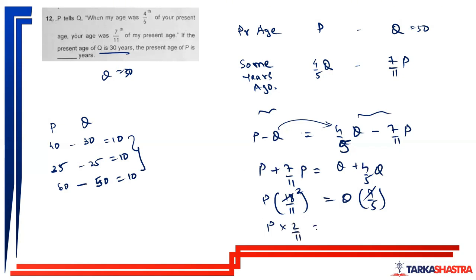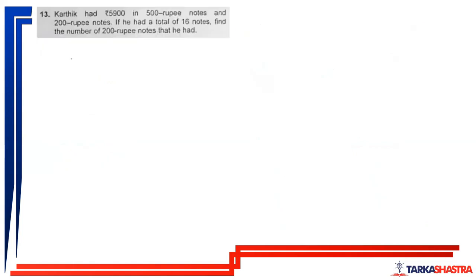Q is given to us as 30 into 1 by 5. 5 sixes are 30, 2 threes are 6. So P is how much? 33. 11 into 3, P is 33. Simple equation. We just have to equate the age difference, which is always going to be constant. Moving forward.